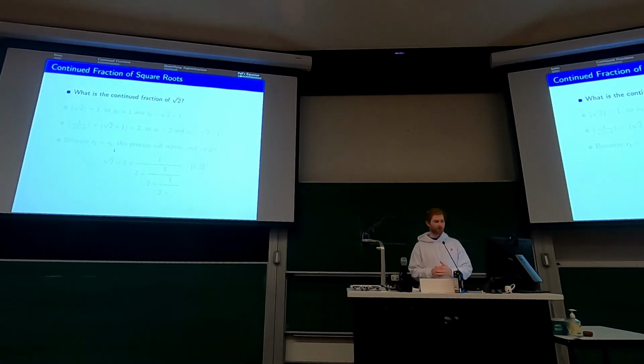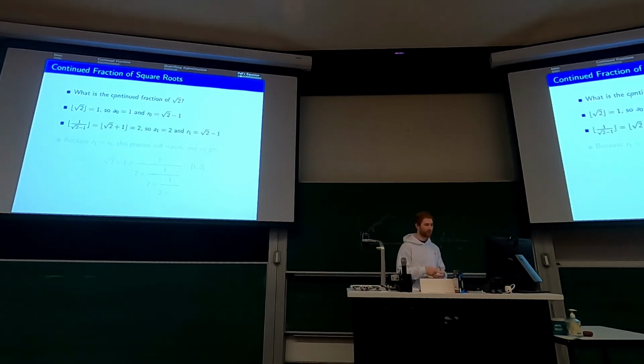So to start off, let's ask, what is the continued fraction of the square root of 2? The floor of the square root of 2, right, is 1, since it's 1.414, something like that. So the first partial quotient is 1. And the remainder is going to be root 2 minus 1, okay? Now for the next term, we should do this little process of flipping it, and then once again approximating.